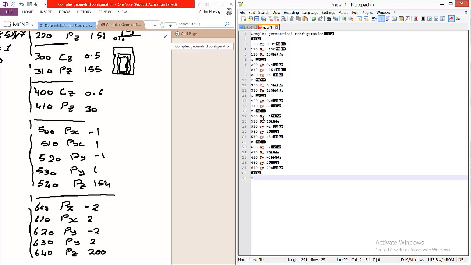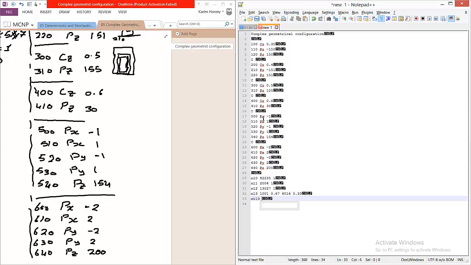The data card was M10 92235 1, M11 2004 1, M12 13027 1, M13 1001 0.67 and 8016 0.33.